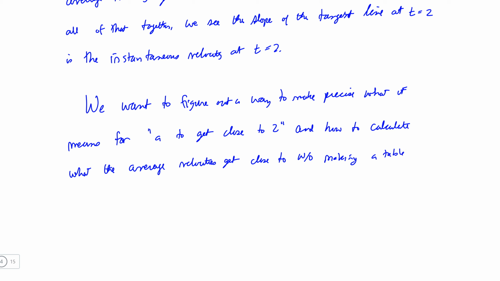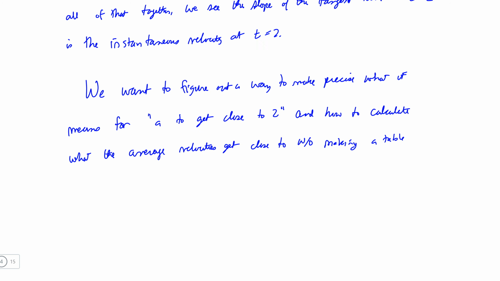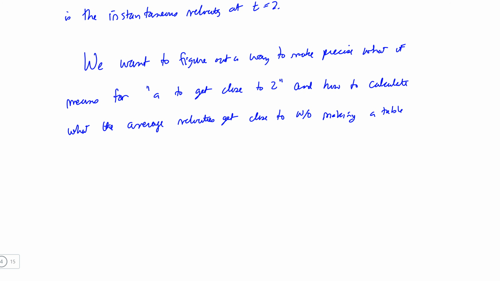To make a table and kind of guess, like we just saw above, well, it looks like it's getting close to this number, so we'll guess that's true. We don't really want to have to guess.